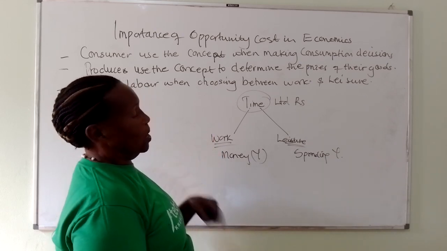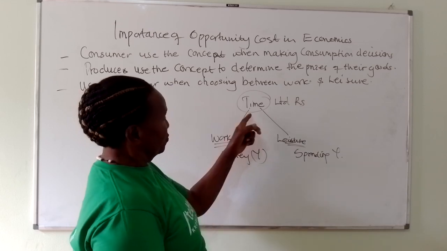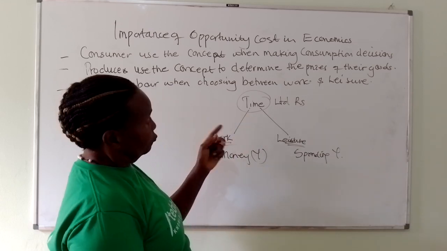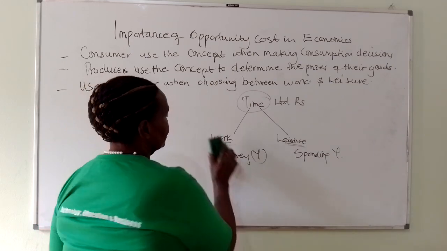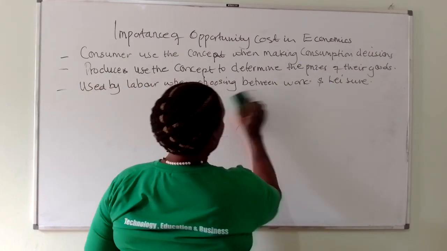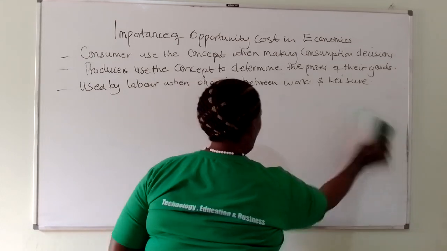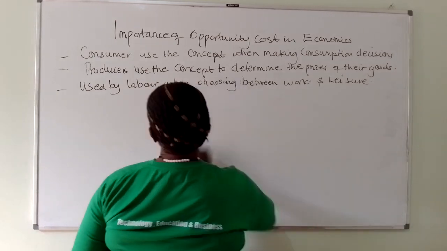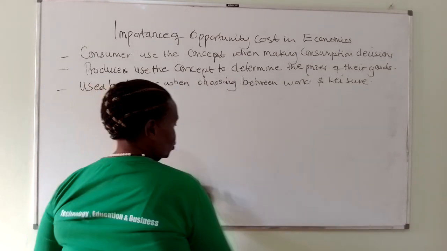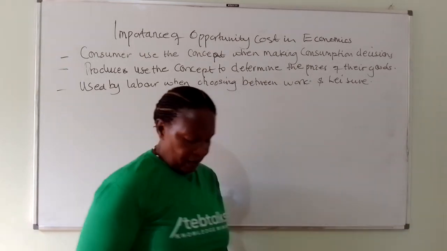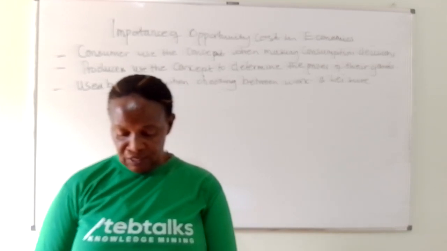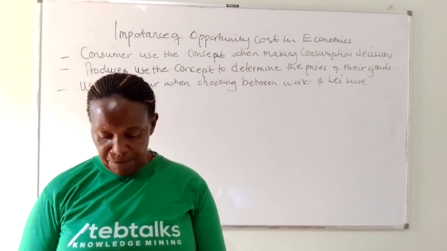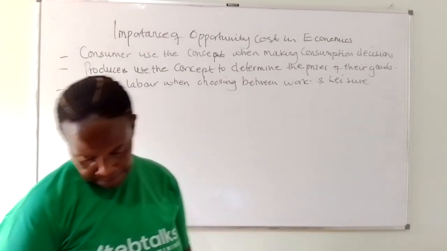So the moment you choose work, there will be no leisure, because both of them take the time, which is our limited resource. And that's where we find its applicability in our day-to-day life situations, where labor has to make the right decision of either working and earning more or going for leisure, but the time is not enough for both if they are to happen at the same time.